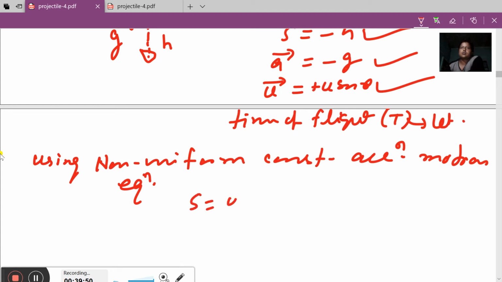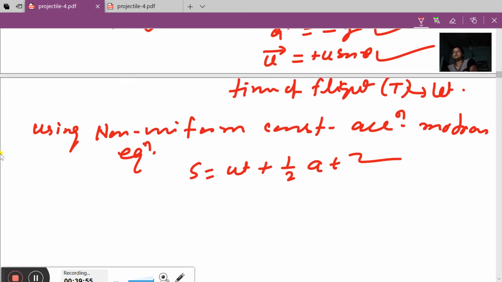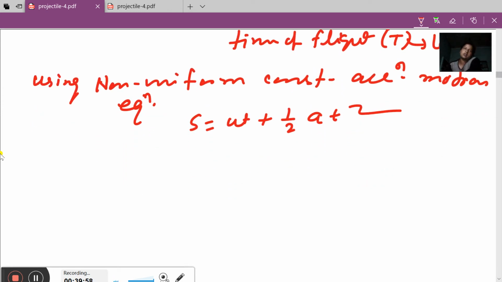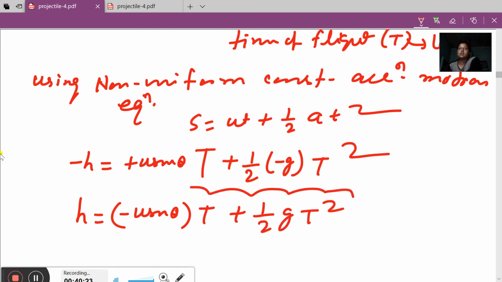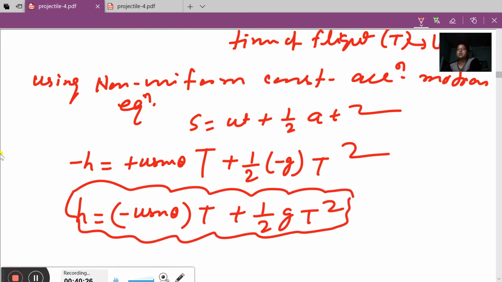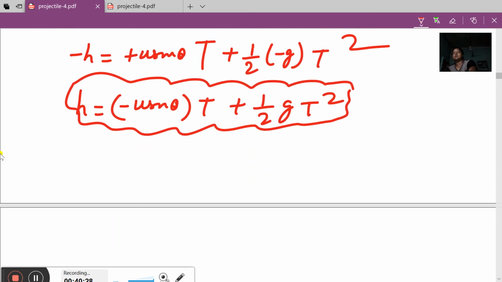S equals ut plus half at square with suitable sign. S is minus h, u is u sin theta, time of flight is t, and half acceleration is minus g, t square. Multiply by minus sign: h equals minus u sin theta into t plus half g t square. In this equation there is only one unknown t, so we can calculate t.